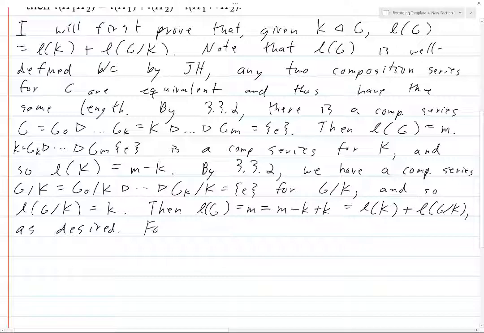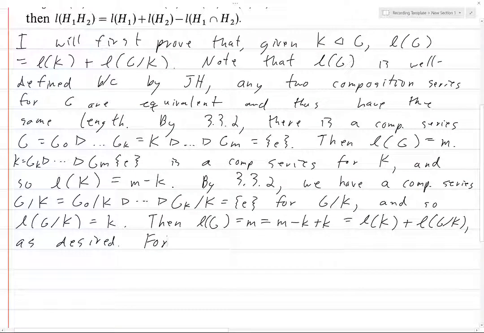And so now we want to prove that final equality, which I just hid from you because I decided to be mean here. There. So here H1 and H2 are both normal subgroups.